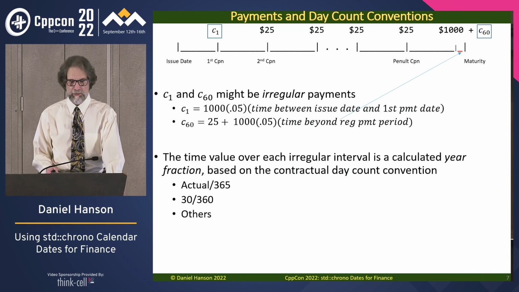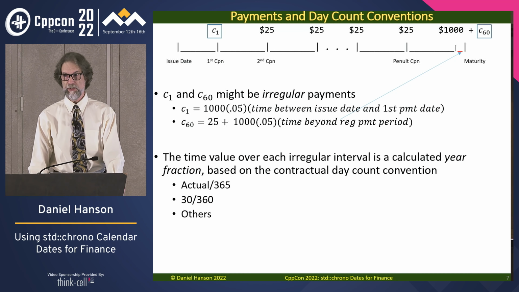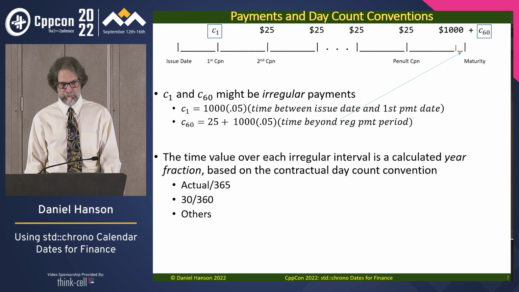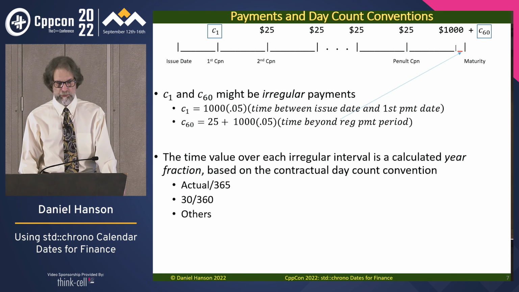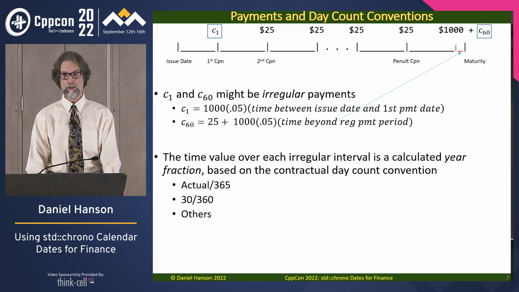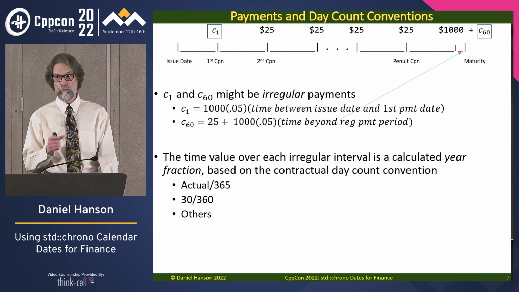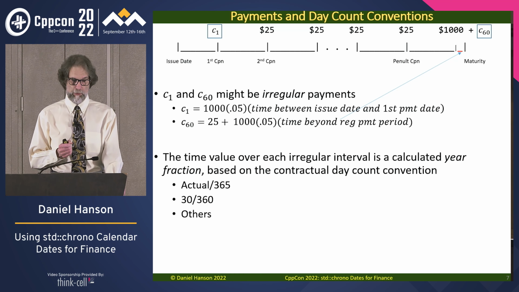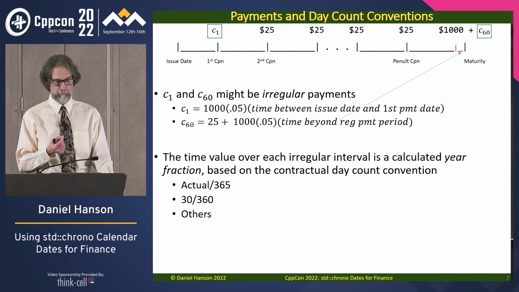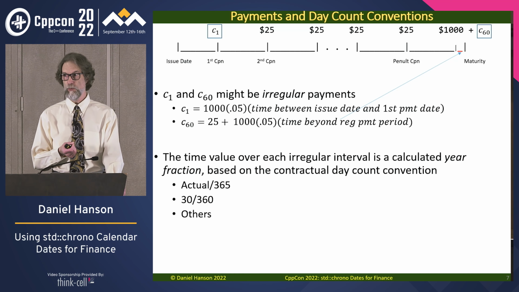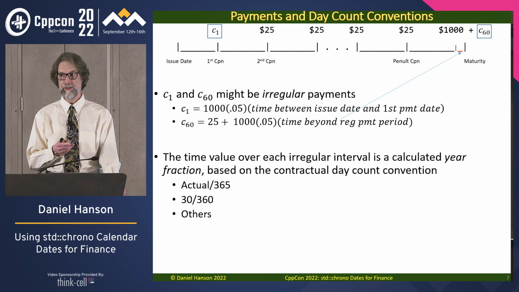Now to calculate these, it's not that simple. You need to be a little bit careful because there's a contractual day count convention that comes with a bond. They're about the same, but they're a little bit different. A couple of them are actual over 365, another one's called 30 over 360. I'll talk about these in a minute.